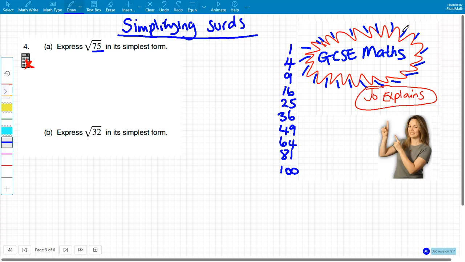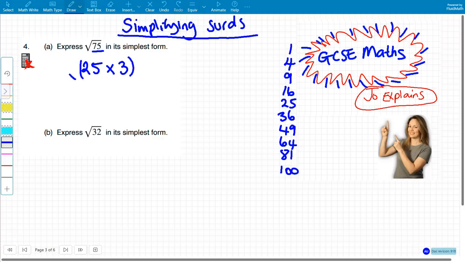Right, so that's going to help me remember what numbers are going to go into the number that I've got here, because that's the secret to this. So the largest square number that will go into 75 is 25. So I'm going to write 25, and then I have to times 25 by 3 to give me 75. So that's another way of saying 75, isn't it?